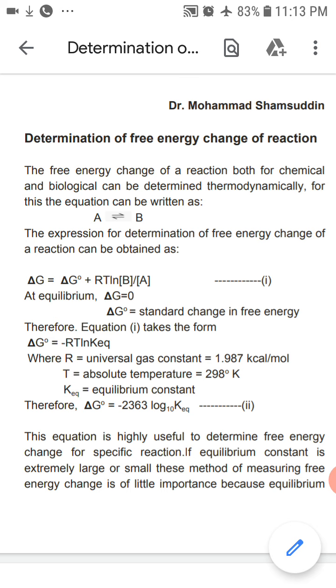A is a reactant which is converted into B, and the reaction is reversible.